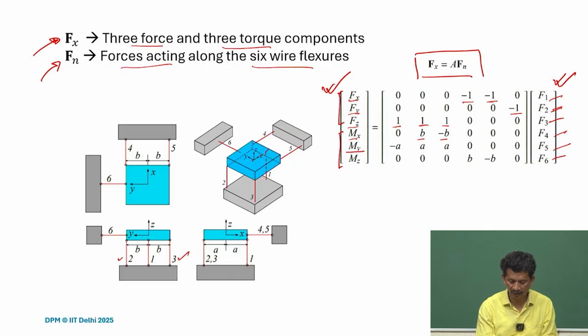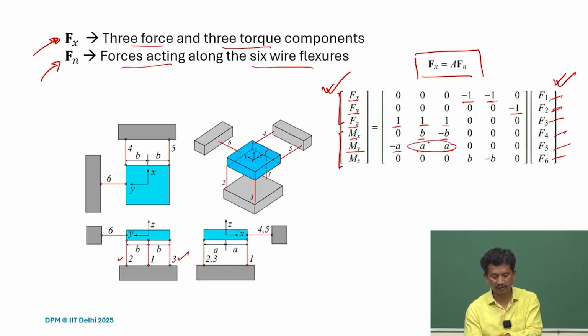So similarly, we can take My, for My it is 1 and 2, 3. Of course one is getting compressive load, then the other two are getting tensile load. So it's shared. For Mz it is the 4 and 5. So 4 and 5 you can see, and the offset is b and minus b.